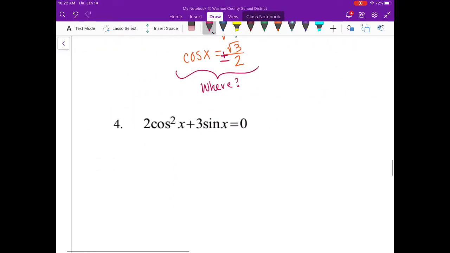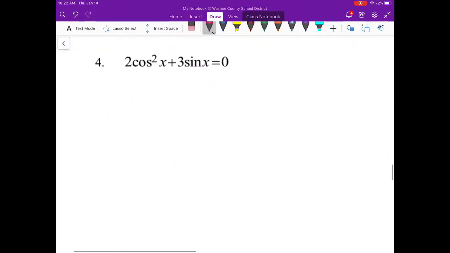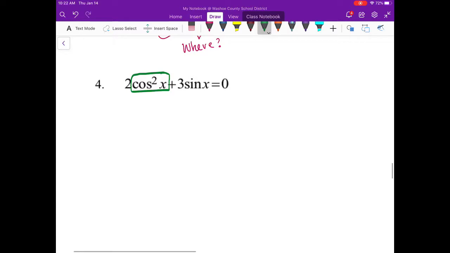Problem number 4 here. We have 2 cosine squared x plus 3 sine of x. So I'm going to want to change one of these. Looking at the cosine squared of x, I'm going to change this to be in terms of sine. And if you look at your golden ticket under your Pythagorean identities, you'll see that there's something that says sine squared of theta plus cosine squared of theta equals 1.